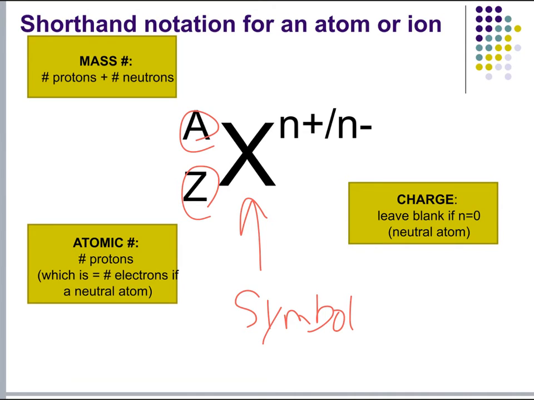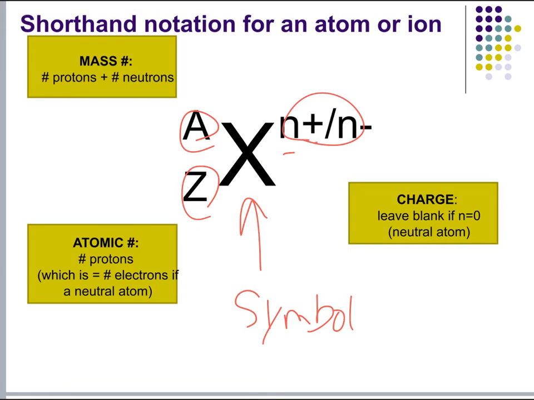And then on the right of the symbol, you would put the charge up at the top. +2, -2, 3-, 2-. It doesn't actually matter whether you put the number or the plus or minus first or second. They are interchangeable. I've seen it both ways a million times.